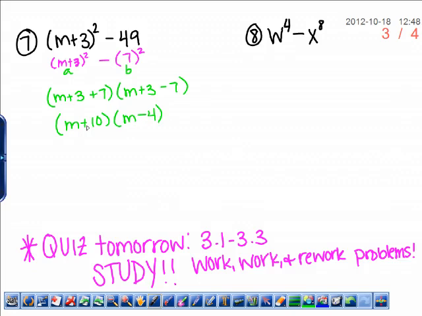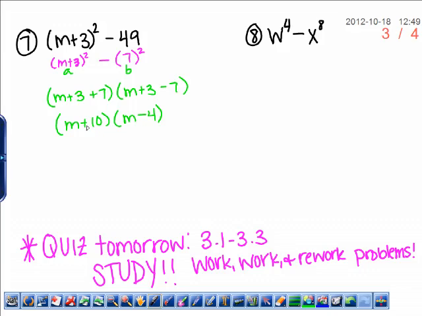All right, let's look at number 8. W to the 4th minus x to the 8th. Ideas? Going to use difference of squares.